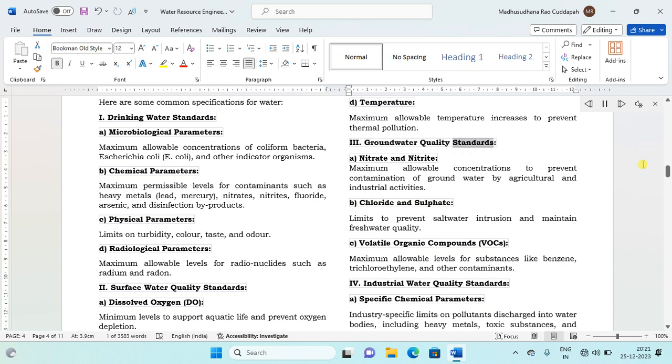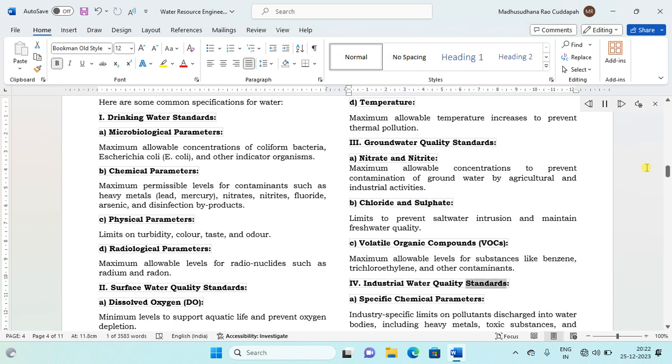3. Groundwater quality standards. A. Nitrate and nitrite: maximum allowable concentrations to prevent contamination of groundwater by agricultural and industrial activities. B. Chloride and sulfate: limits to prevent saltwater intrusion and maintain freshwater quality. C. Volatile organic compounds (VOCs): maximum allowable levels for substances like benzene, trichloroethylene, and other contaminants. 4.